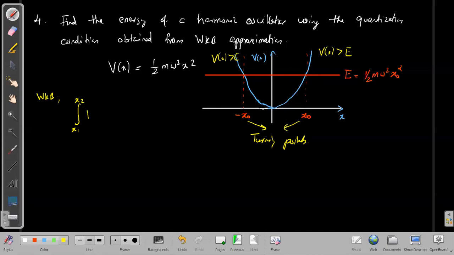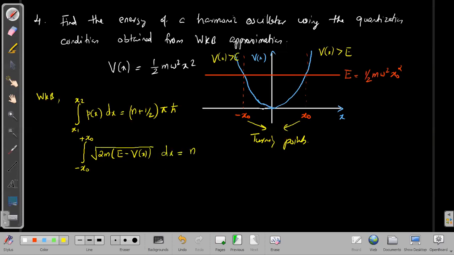So in WKB approximation, what we have found is the integral from x1 to x2 of p of x dx is (n plus half) times pi h cross. Here in the problem of harmonic oscillator, the integration is from minus x0 to plus x0, and the momentum I can write as root of 2m (E minus V of x), into dx equal to (n plus half) pi h cross.